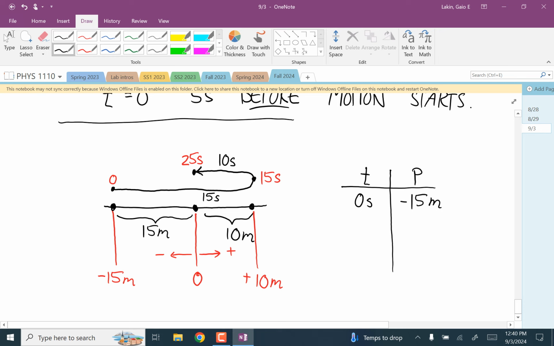The second time that we know is at 15 seconds, and the corresponding position is positive 10 meters. And the third time is 25 seconds, and the position is 0 meters.